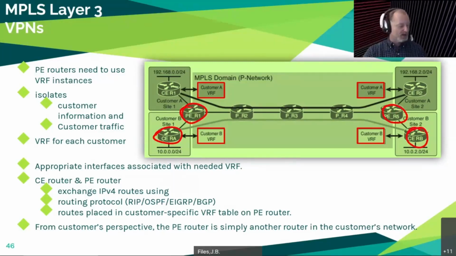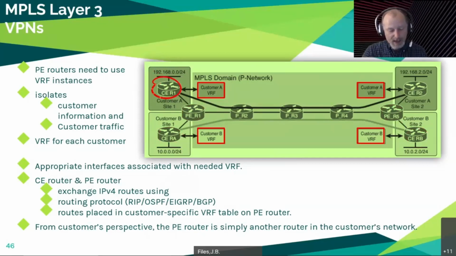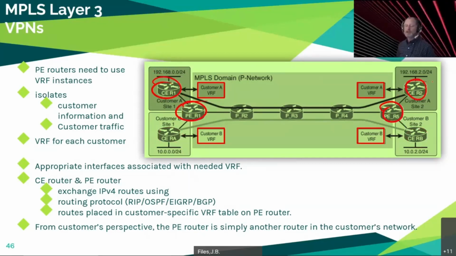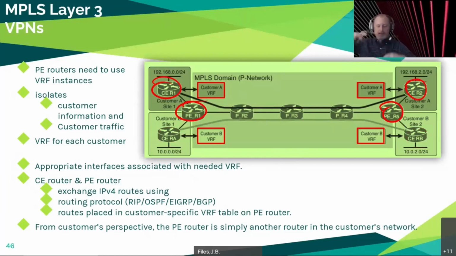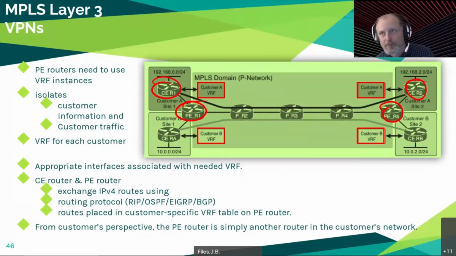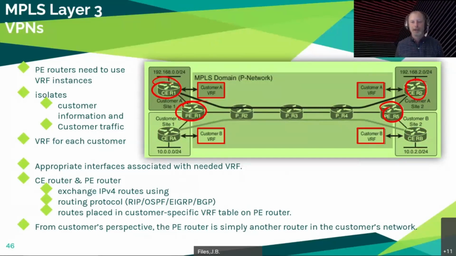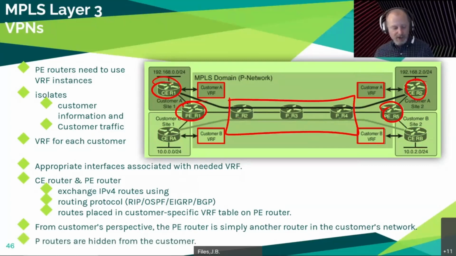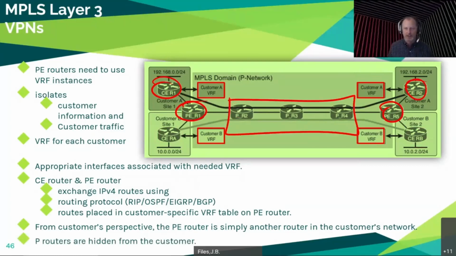Like customer B would see those, right? And then customer A would see these in their topology. OSPF might be the best example because you can see all of the routers in the OSPF table. Okay, but all of these routers are hidden from the customer. They don't see those.